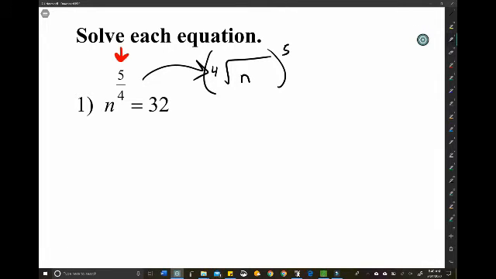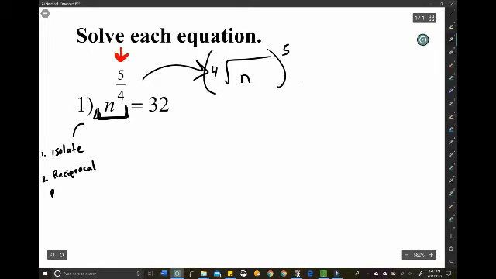So, first, make sure that your funky exponent thing is by itself. So, always want to isolate that there. If that's the case, the next step is to take the reciprocal power to both sides.